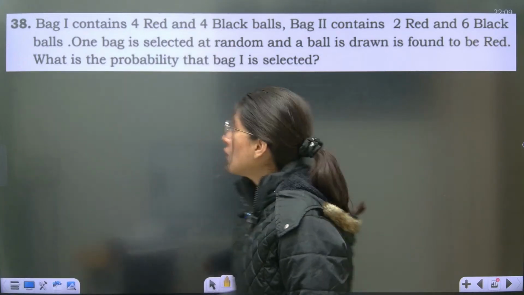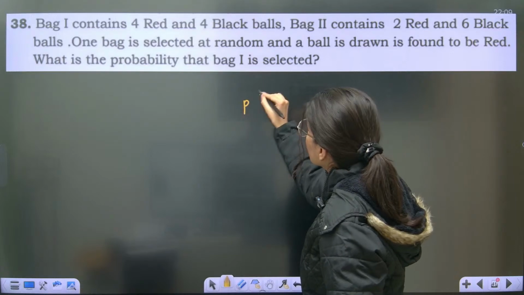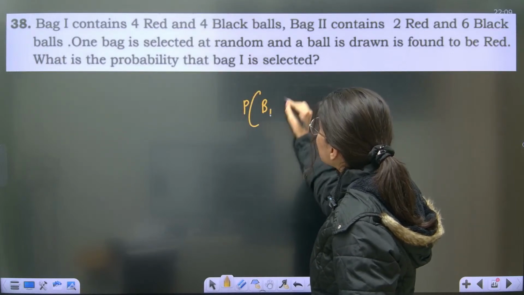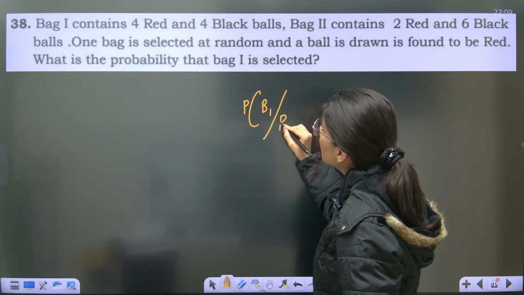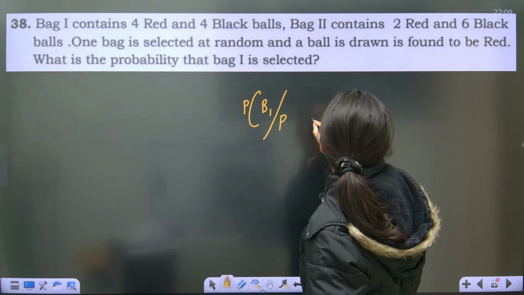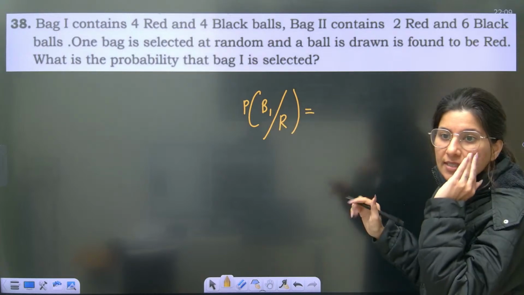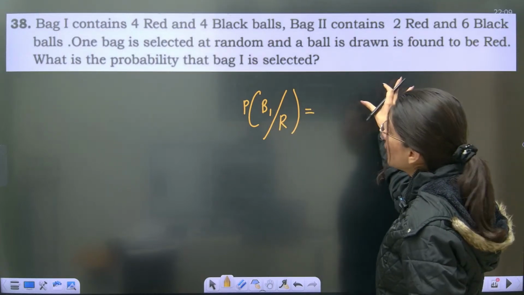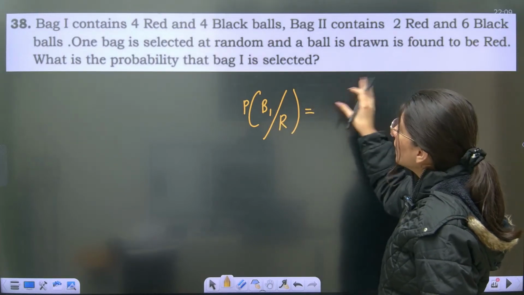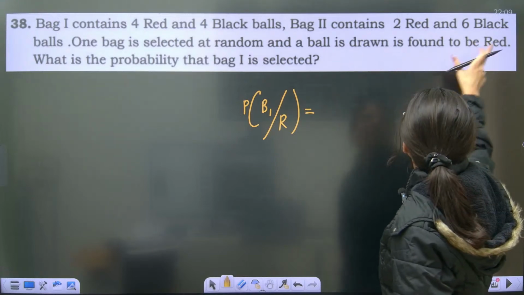We are looking for the probability of bag 1 being selected given that it is a red ball. This is what we are looking for. Here the favorable probability is that the ball is found to be red.